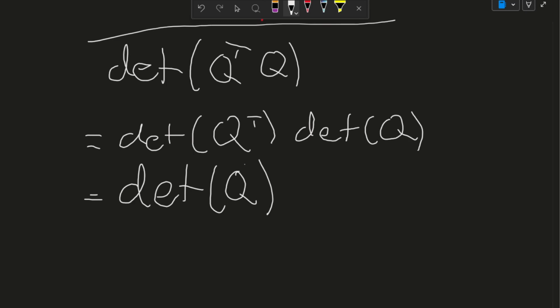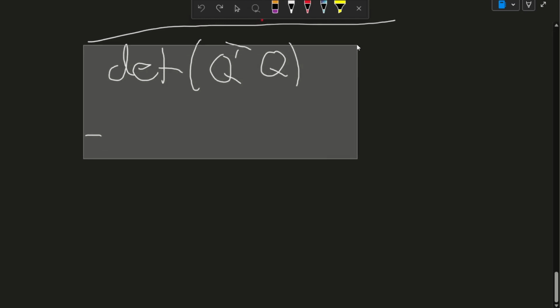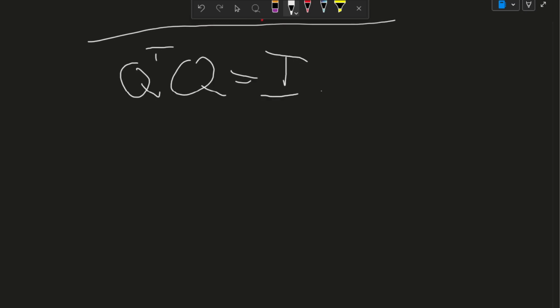But also, more importantly right now, actually, no, let's start with something else. I forgot to mention one thing real quick. I said that orthogonal matrices satisfy this Q transpose Q equals identity, right?